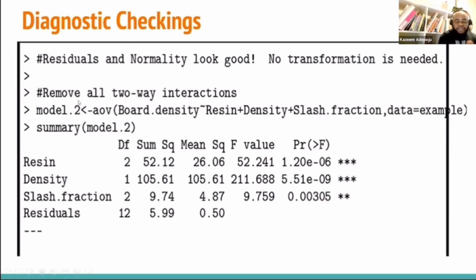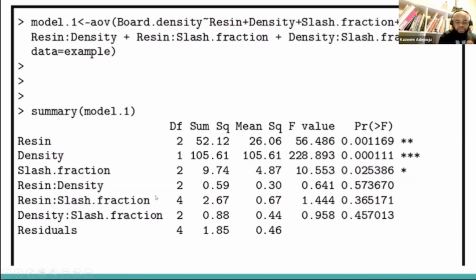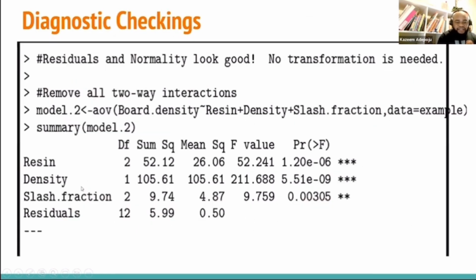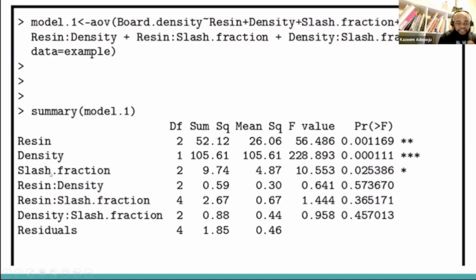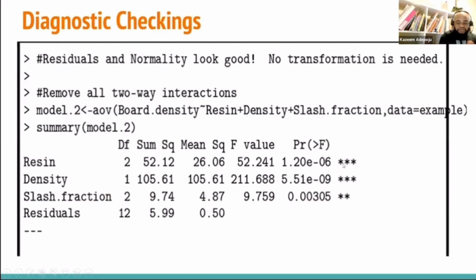I've already removed all two-way interactions, all those that are not significant, and I decided to rerun the model. And rerunning the model, the terms that were significant initially were also significant again. Take a look at that.